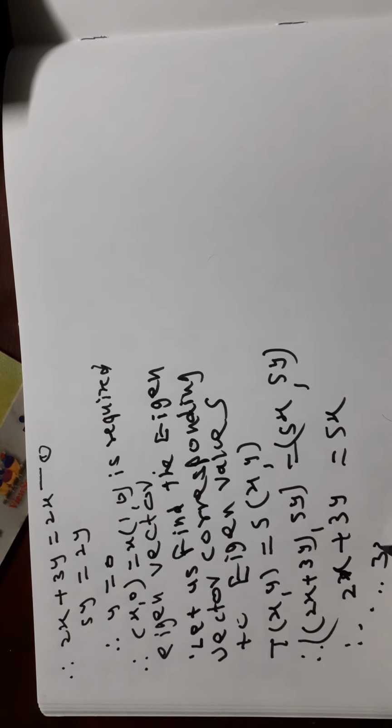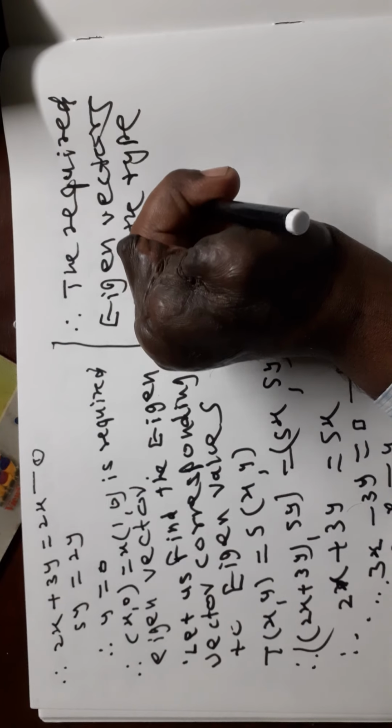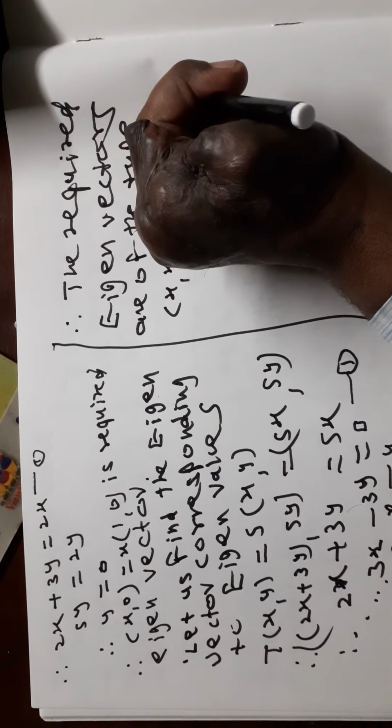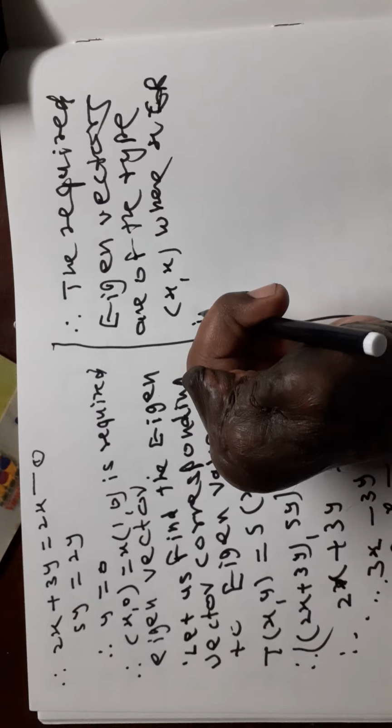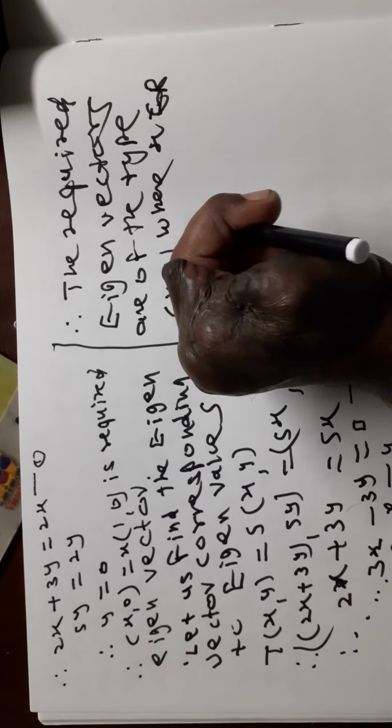Therefore the required eigenvectors are of the type (x, x), where x belongs to R, that is the required eigenvectors are of the type x times (1, 1).